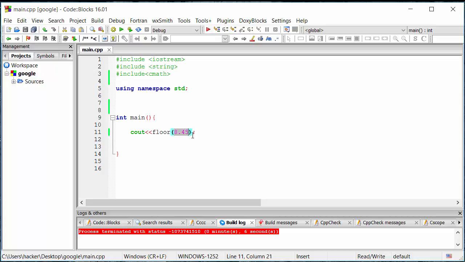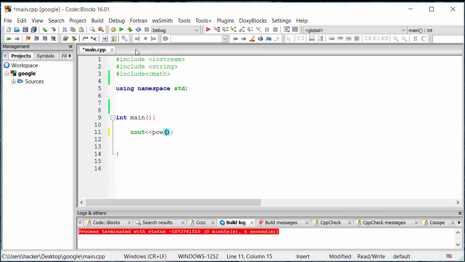Alright, you can read these functions off from any book, but I just thought of telling these things to you, as they might be helpful in many cases. Now the next function I want to talk about is the power function. It's represented by pow, and inside the brackets you give two things.